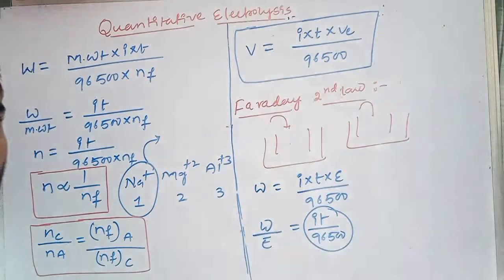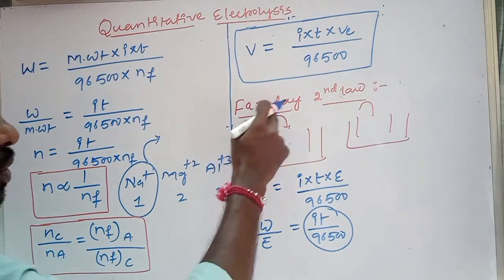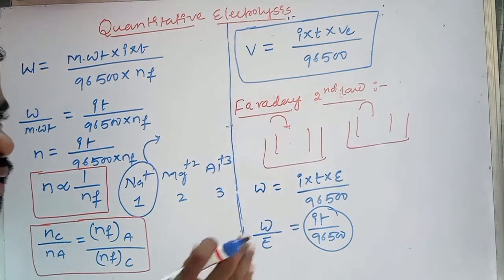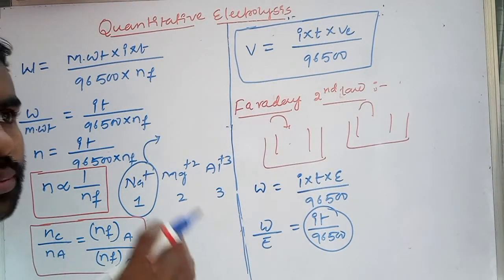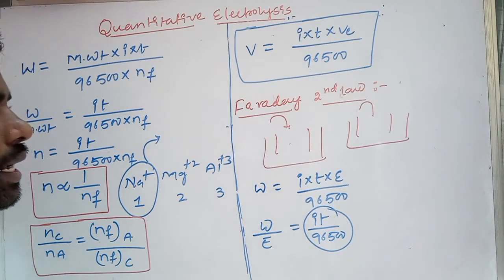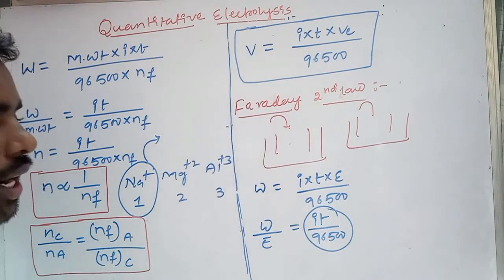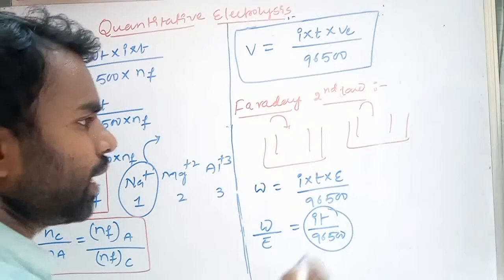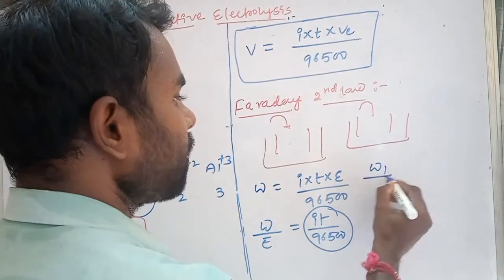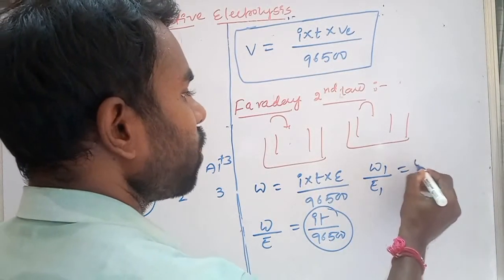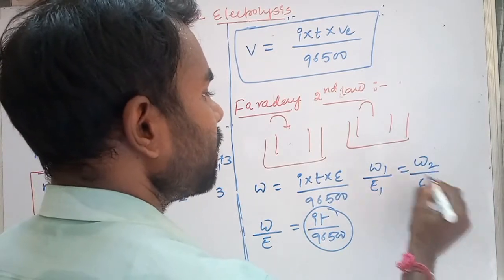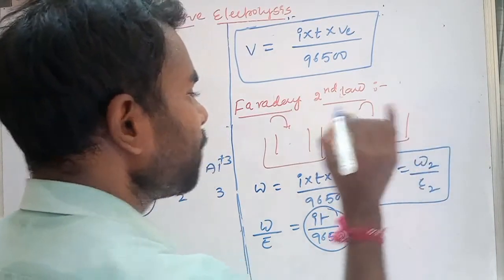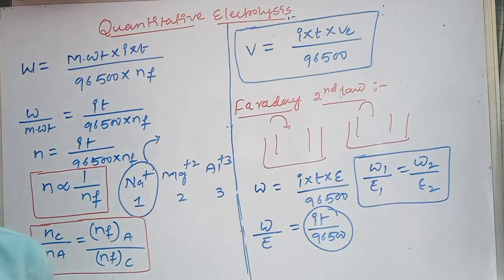We are passing the same quantity of electricity through the different electrolytes, so the amount of substance deposited is directly proportional to its equivalent weight. If you take the two conditions, we can write W1 by E1 equal to W2 by E2. So the weight of the substance depends upon its equivalent weight. So this is about Faraday's second law.